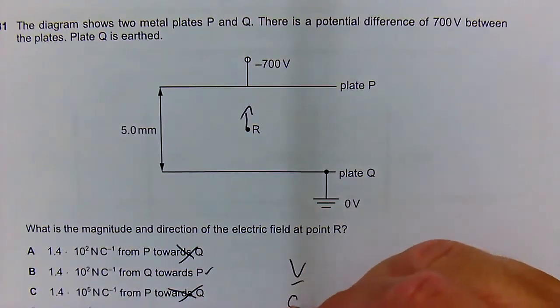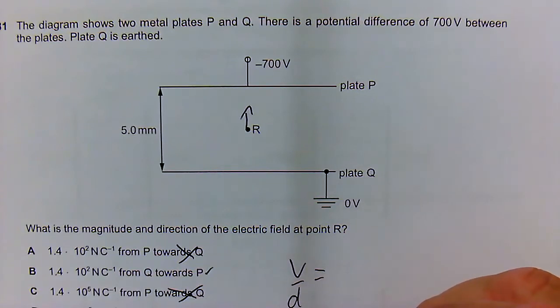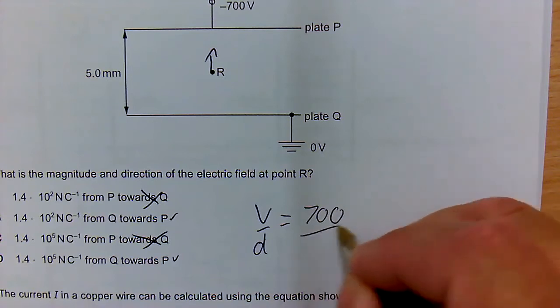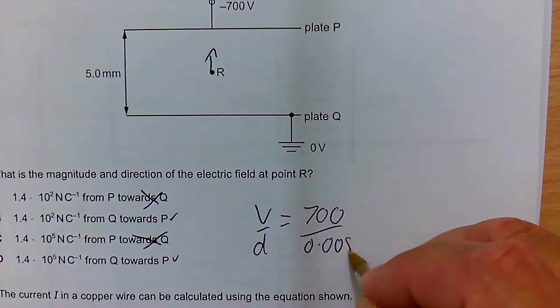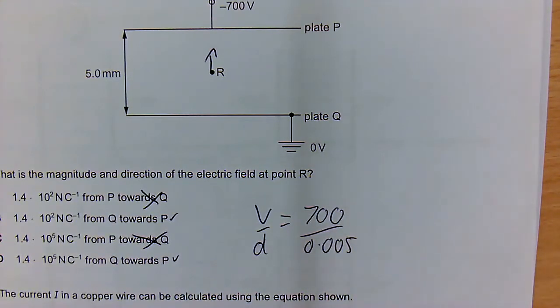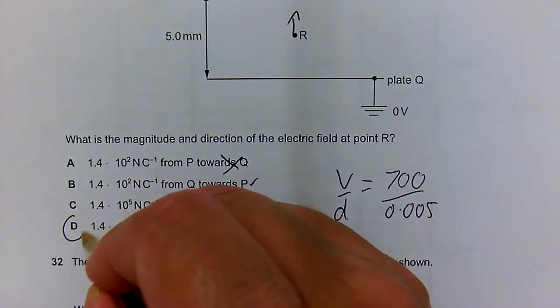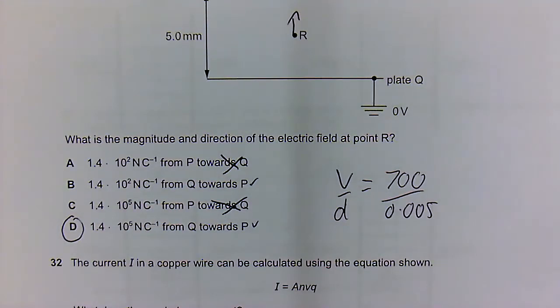Well, that's V over d, so a voltage of 700 divided by 0.005 comes out to be 1.4 times 10 to the power of 5 newtons per coulomb. It just comes out on your calculator.